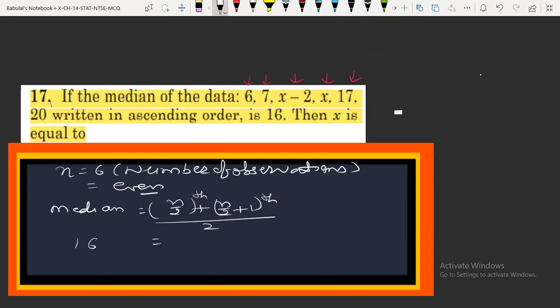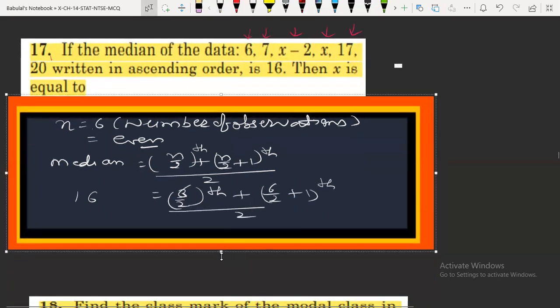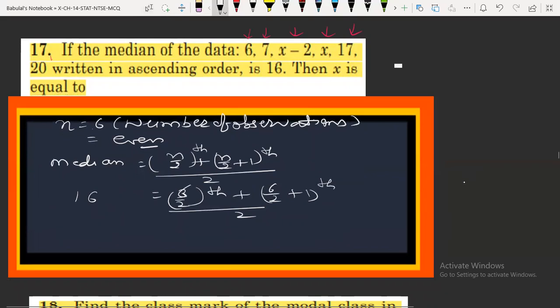In place of n we put 6: the 6 by 2, that is third observation, plus 6 by 2 plus 1, fourth observation, divided by 2.